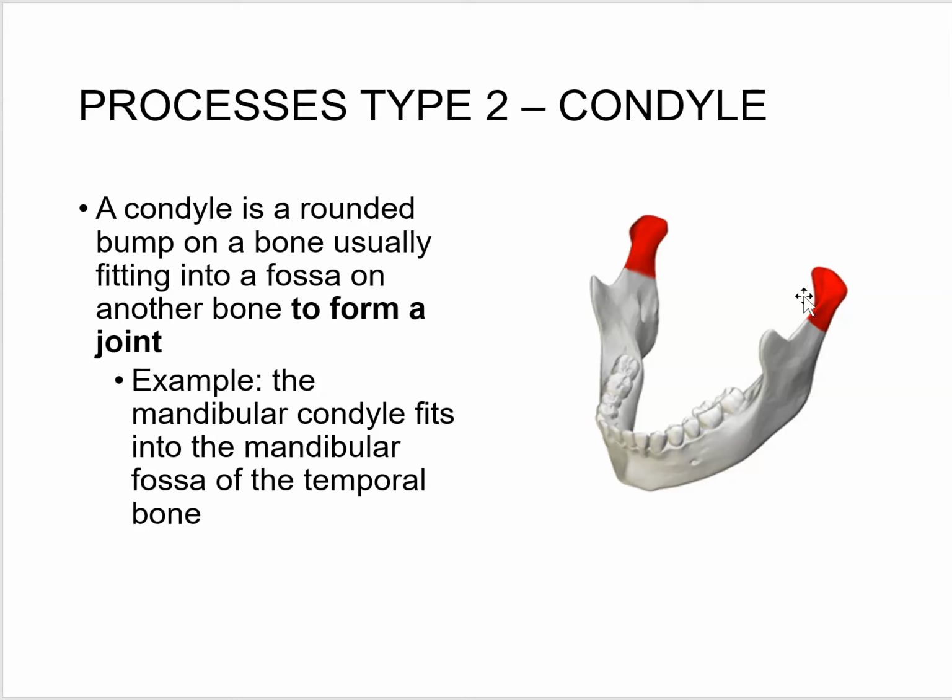When we looked at the mandibular fossa, the depression that was part of the temporal bone, and I said that the mandible fit into that, well, here's what we have. We have the mandibular condyle fitting into the mandibular fossa of the temporal bone. So on a skull, if you detach the jaw, you're separating that mandibular condyle from the mandibular fossa, which is located on another bone.